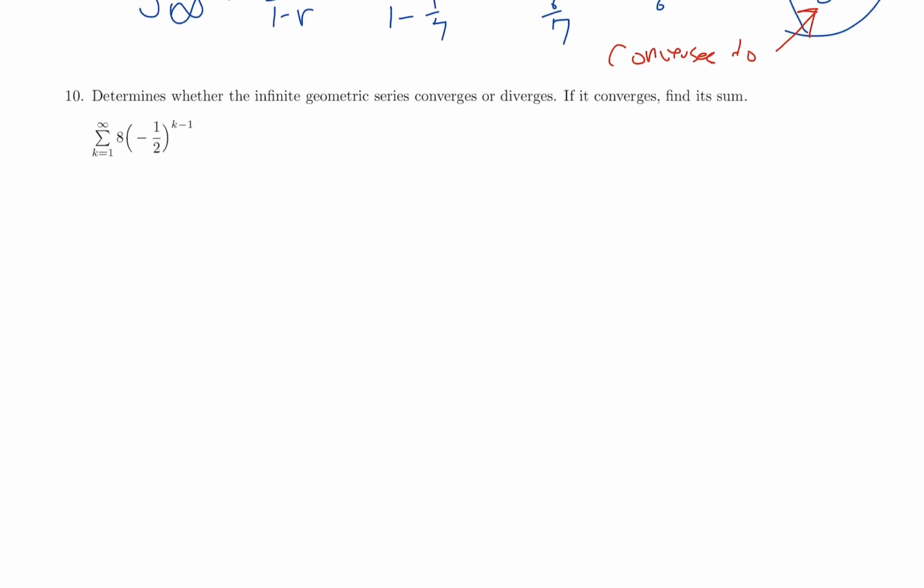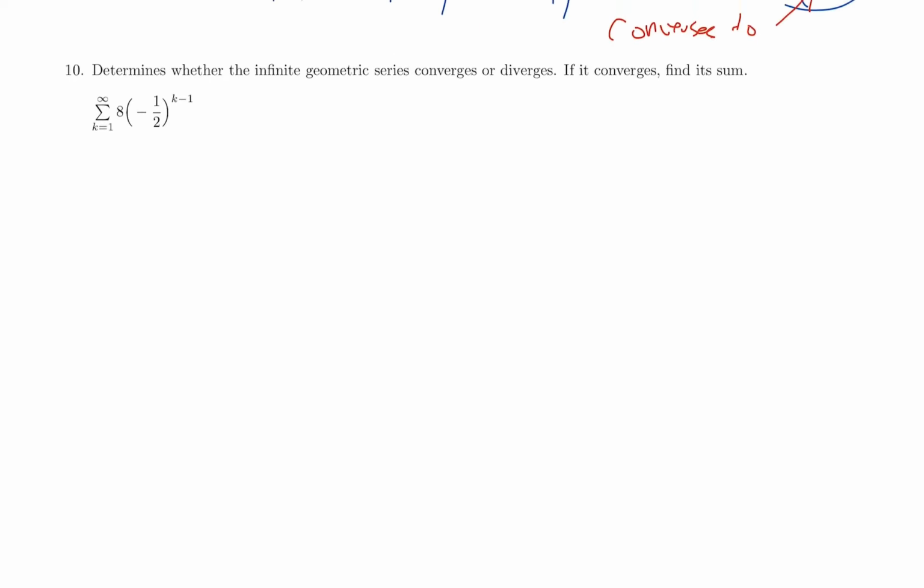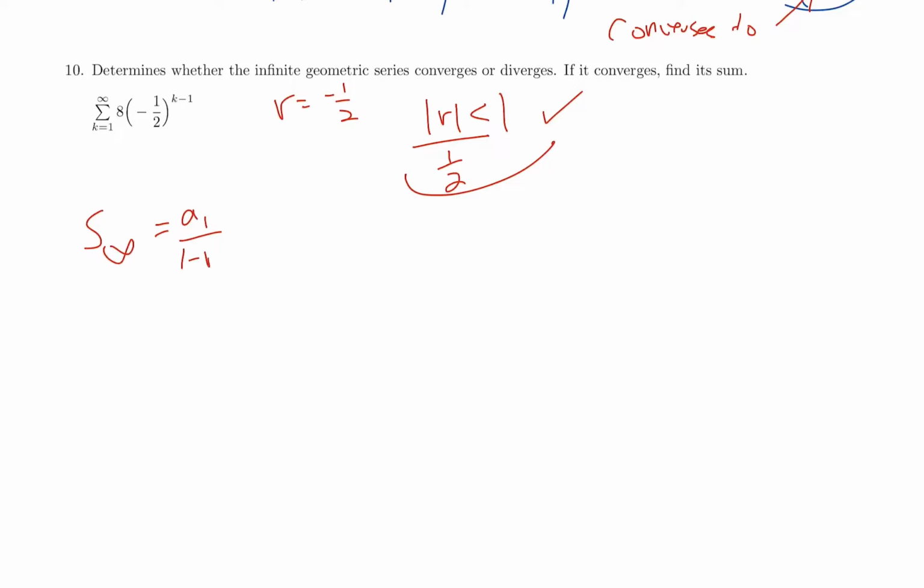Similar problem. Determine whether the infinite geometric series converges or diverges. Here the common ratio is -1/2, and the absolute value of r is less than 1. The absolute value in this case will be half, right? So this means we can use this formula. Again, always check this before you write this formula down.